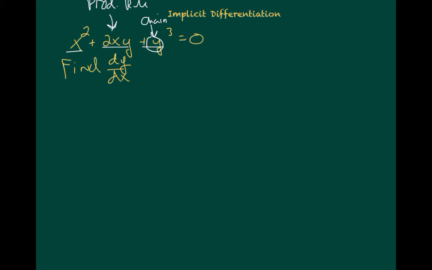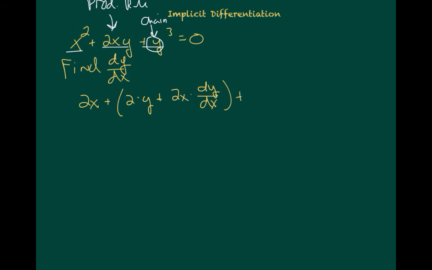All right, I'll start off with 2x, and then for the next term, I'm going to need to use the product rule. So the derivative of the first is just 2 times the second, which is y, plus the first, which is 2x, times the derivative of the second, which is the derivative of y. That, of course, is dy/dx.